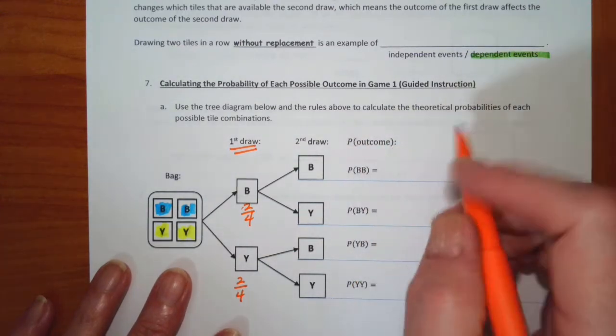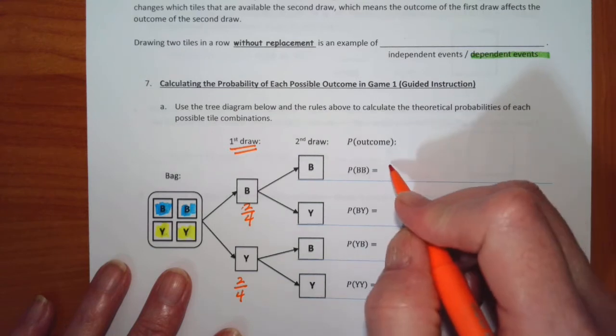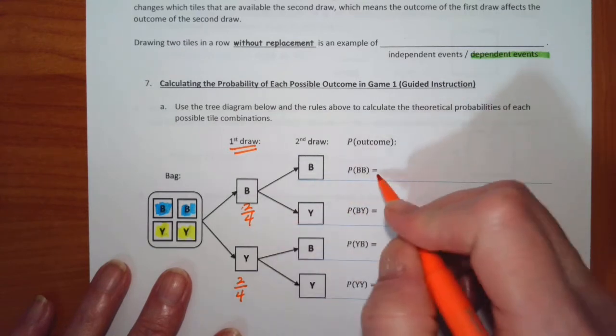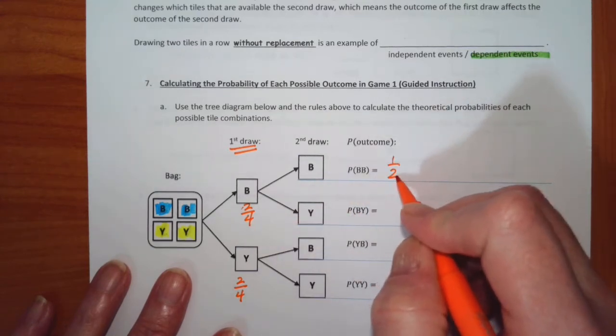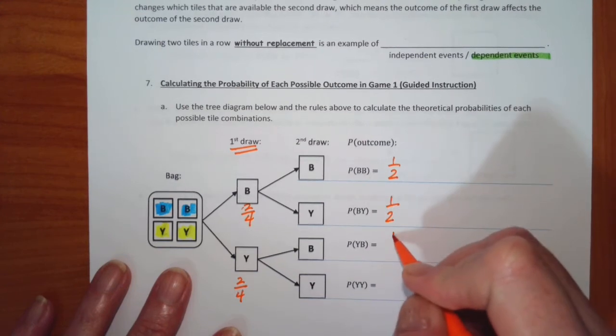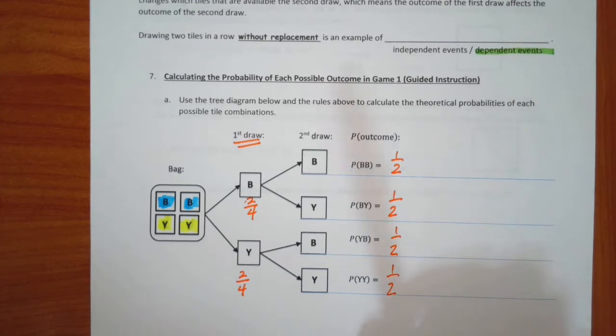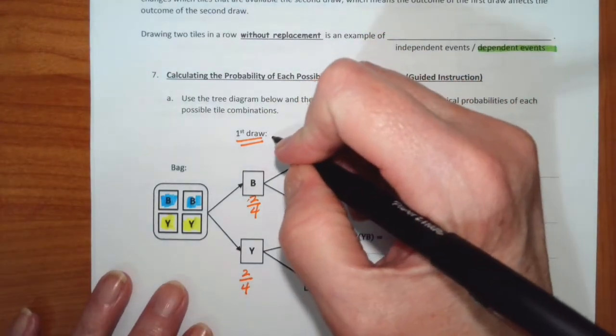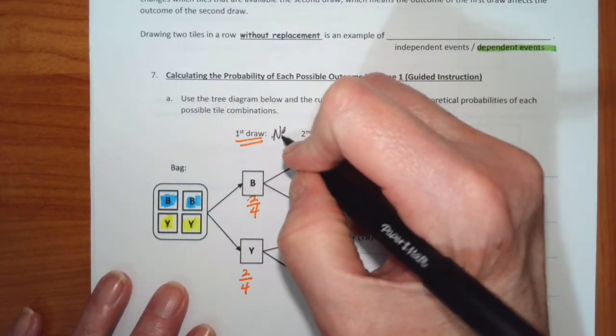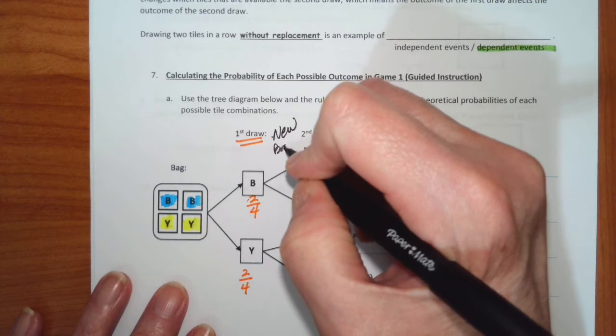So for each of these, the probability for the first draw, 2 over 4, reduces to 1/2. Okay, but now I should have added a space in here, but I didn't. Now we need to look at the new bag.